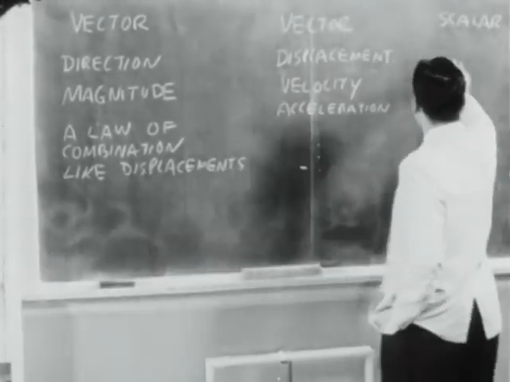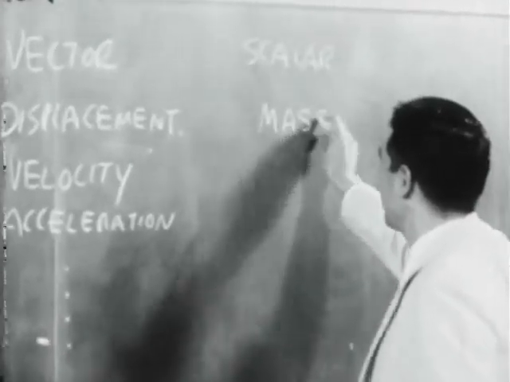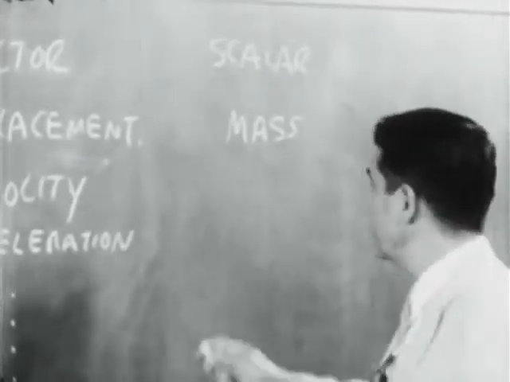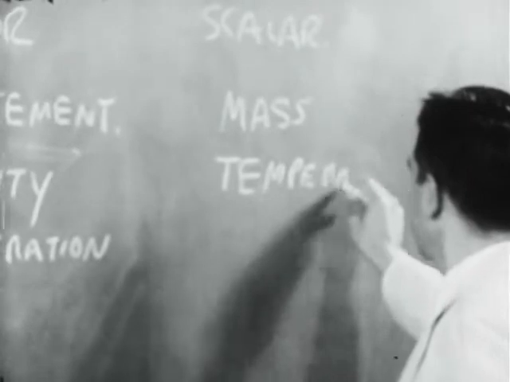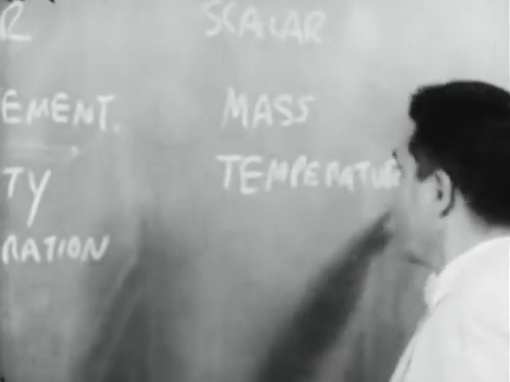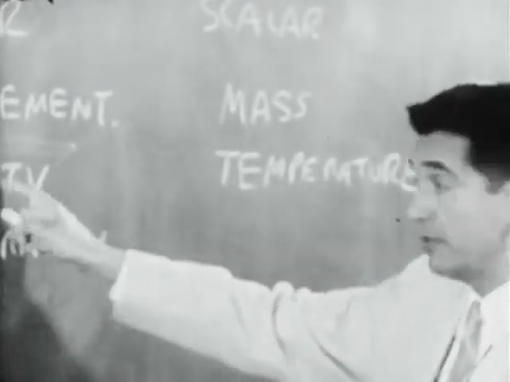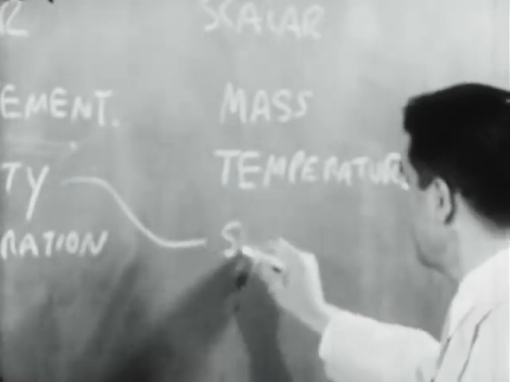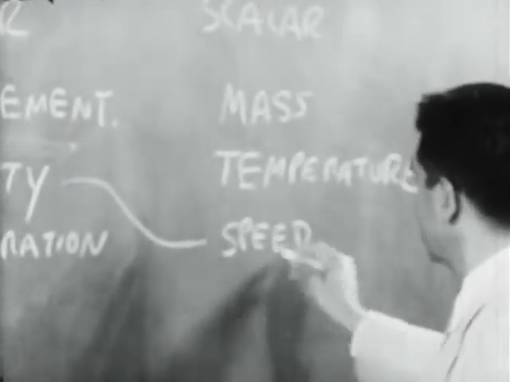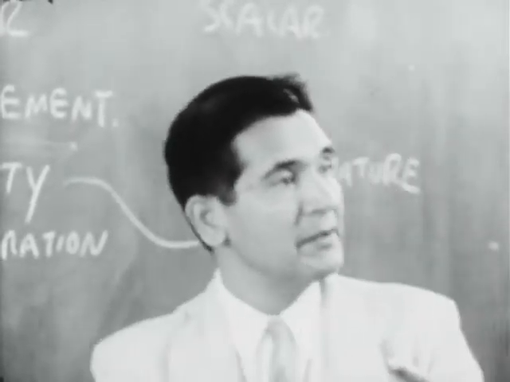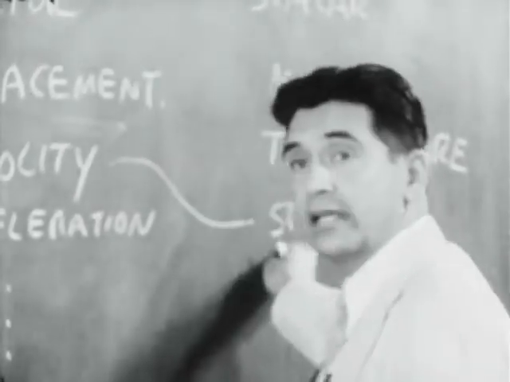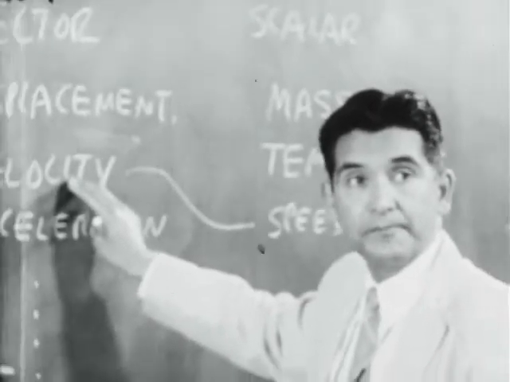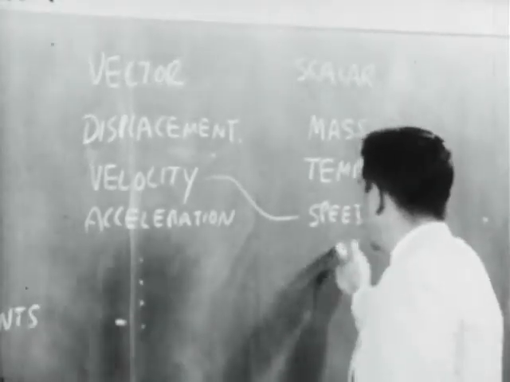Examples are mass, which has magnitude but no direction, temperature, and there is a word associated with velocity, speed. Speed is a number that you get from a speedometer, but it doesn't give you a direction. So we put speed in this category, velocity in this category, and so on.